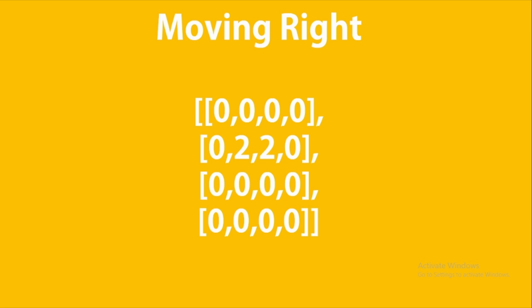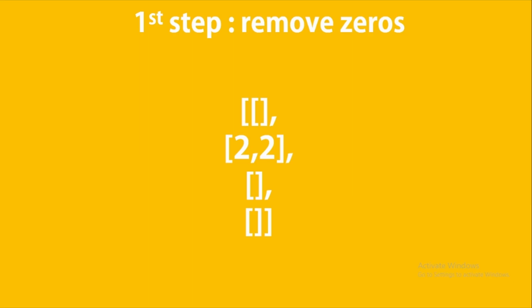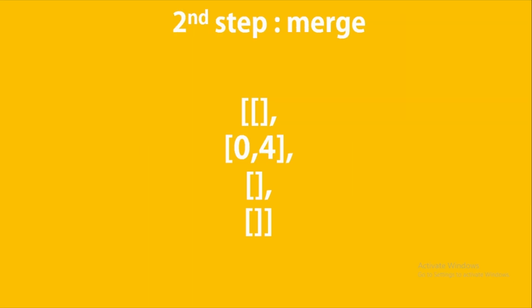Now for the moving right algorithm. It's pretty similar to moving left, and so the first step is to remove zeros. So again, we remove zeros, and then what we do is we merge, but this time we move the number to the right hand side, and the left hand side we make equal to 0.